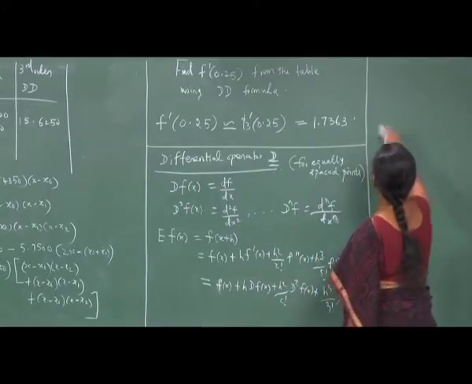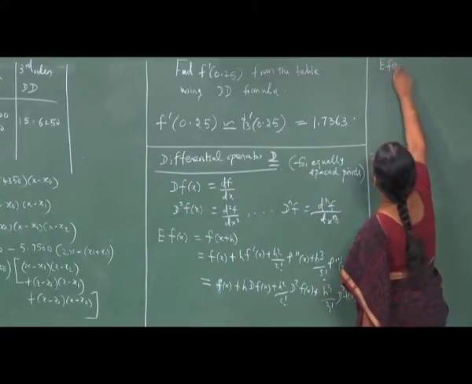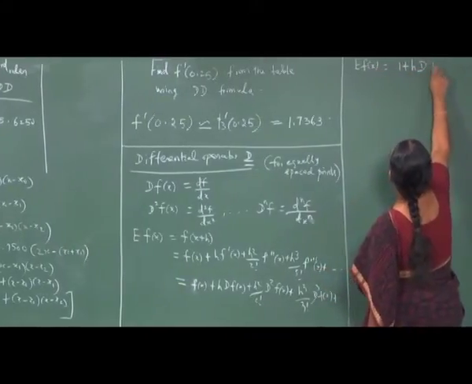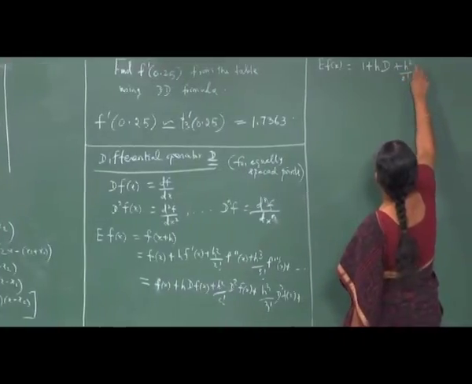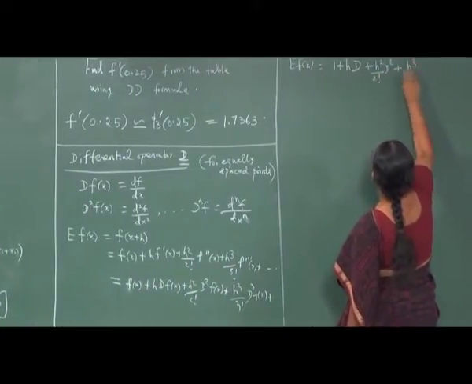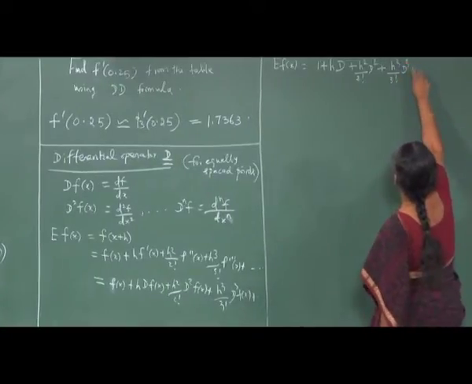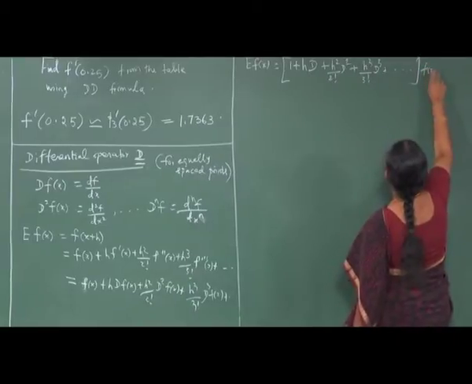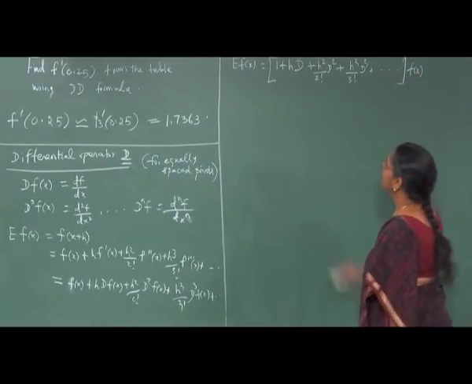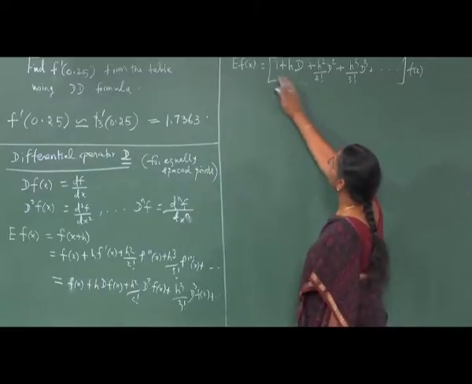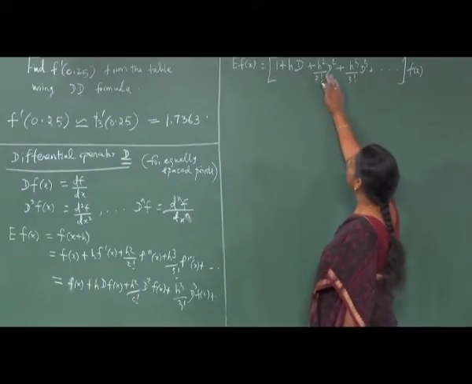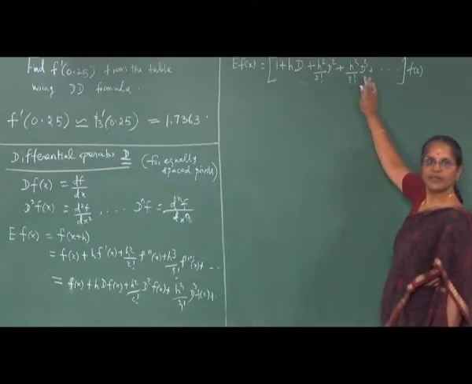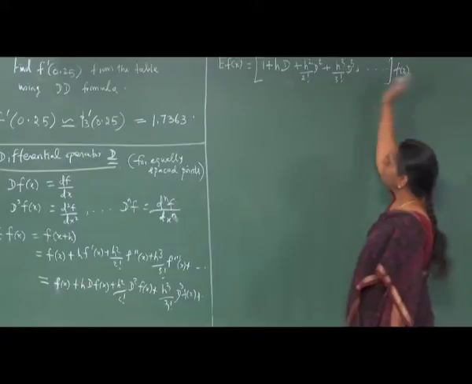and so on. So, we have E on f of x equal to 1 plus h D plus h square by factorial 2 D square plus h cubed by factorial 3 D cubed plus, and so on, operating on f of x. But we see that it is of the form 1 plus hD plus hD the whole square by factorial 2 plus hD the whole cube by factorial 3 and so on, operating on f of x.